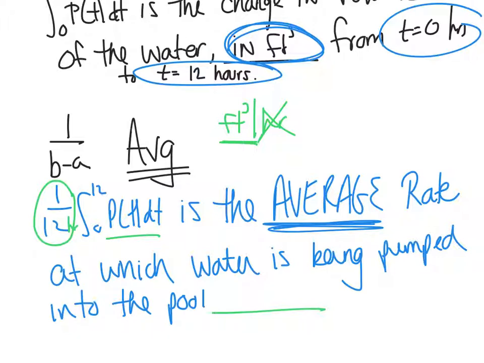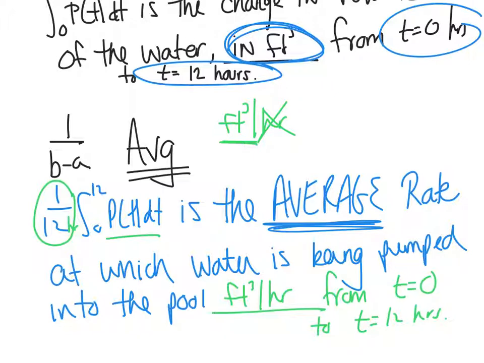So you're actually getting the same thing, feet cubed per hour, from t equals 0 to t equals 12 hours. So one of the big things that messes people up is the units on this average. Again, I took that P of t, which was feet cubed per hour, I lost the hour, so I got feet cubed, but now I'm multiplying by 1 over 12 hours, so it basically comes back on.